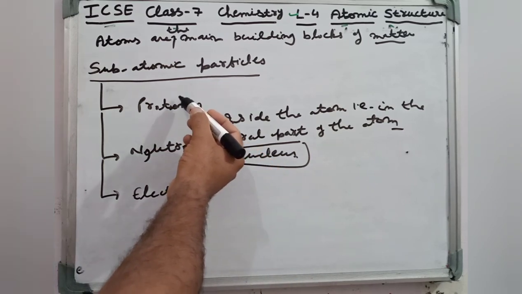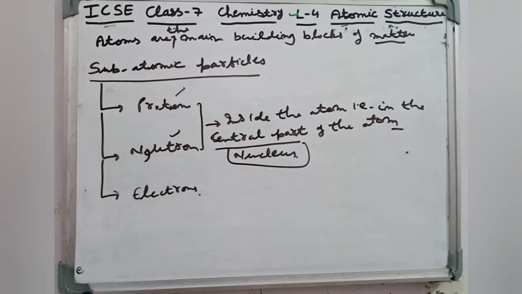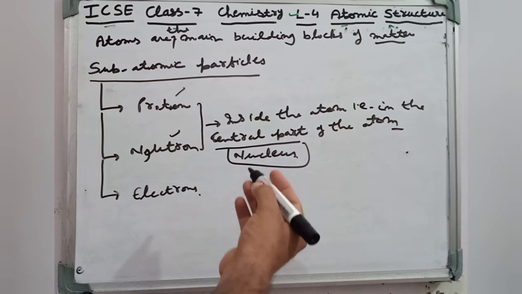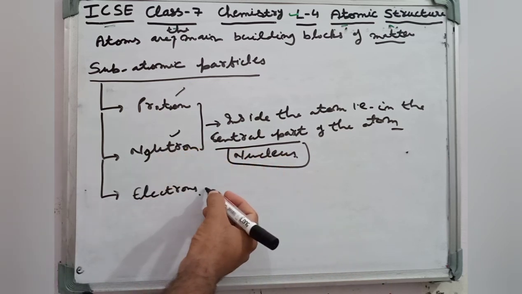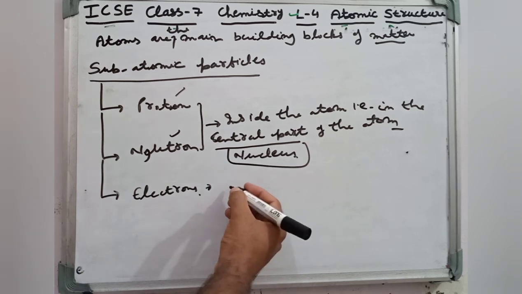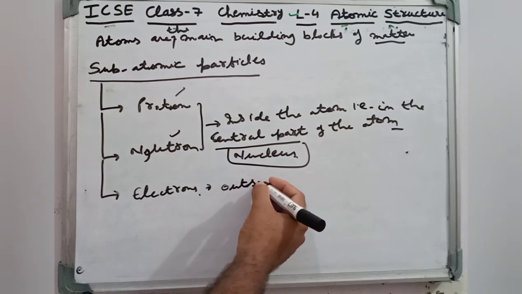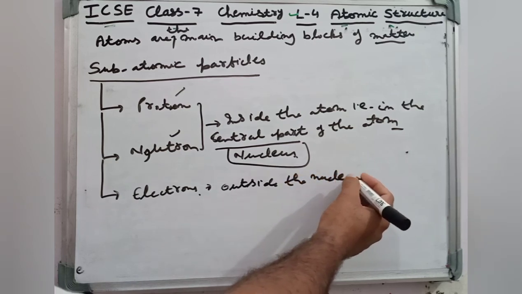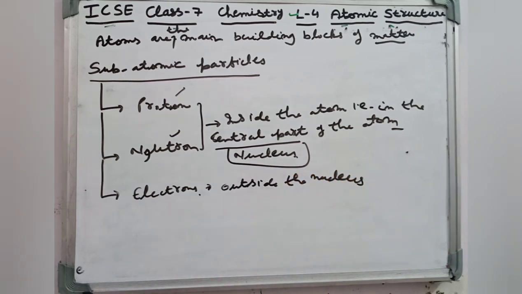In the nucleus there are protons and neutrons, and electrons are situated outside the nucleus.